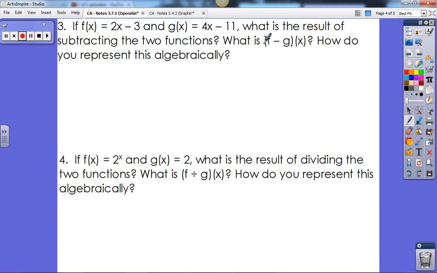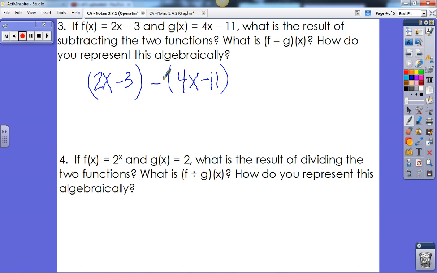If I'm asked to subtract them, again, make sure you pay attention to the order. So f comes first, 2x minus 3 minus 4x minus 11. Now again, parentheses for the first one aren't necessary, but the second set I would put those because we need to make sure that this negative is applied to both the 4x and the minus 11.